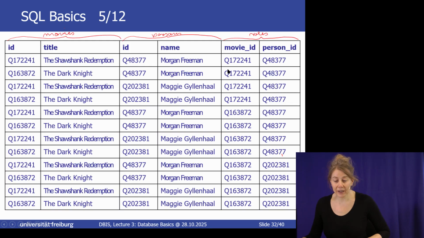Let me do it again here. So this one is actually equal to this one, and this one is equal to this one. So this is a match. And by just going through all combinations, I make sure that I do not miss anything. So here I have the Dark Knight and Morgan Freeman. Does this row tell me that Morgan Freeman played in the Dark Knight? No, it doesn't.